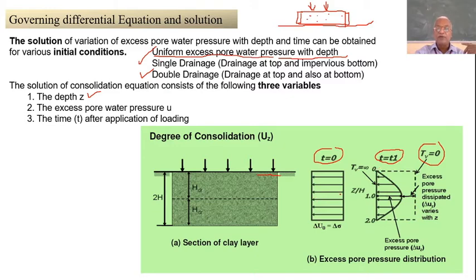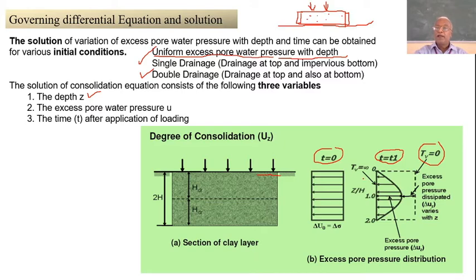Of the delta U naught, only part is reduced. Delta U_z is the excess pore water pressure which is reduced, and the remaining one is this particular one. Now the excess pore water pressure that is still present will be this much.